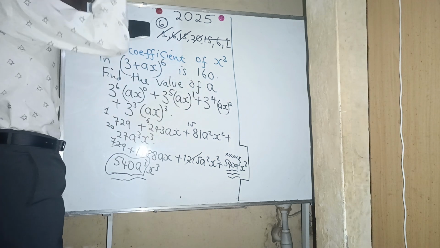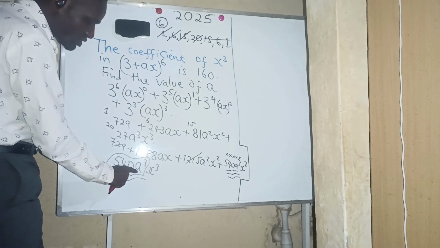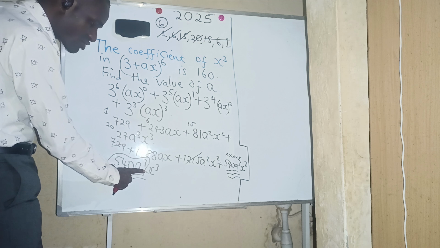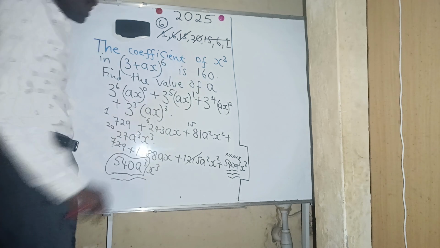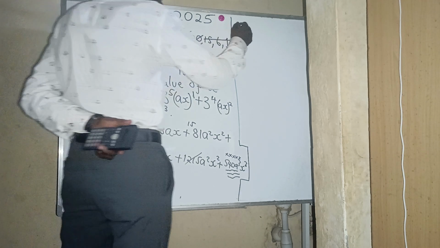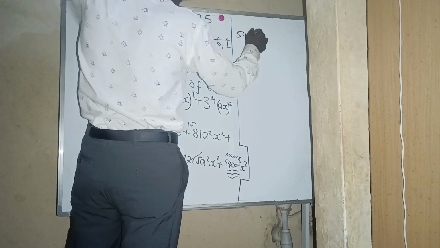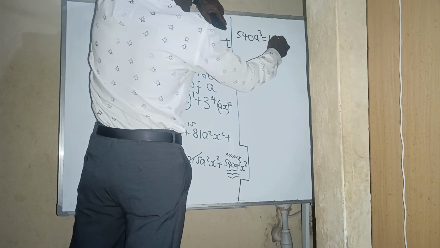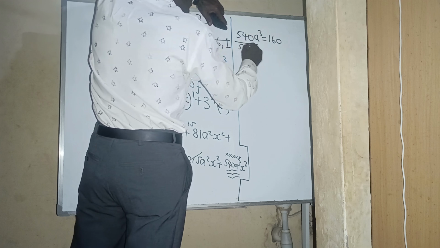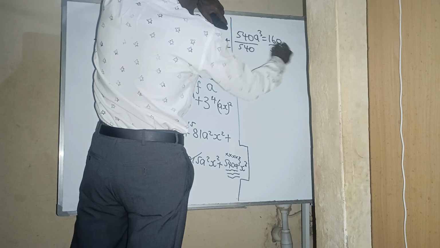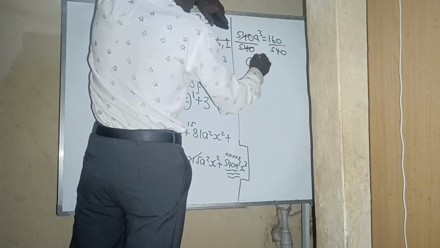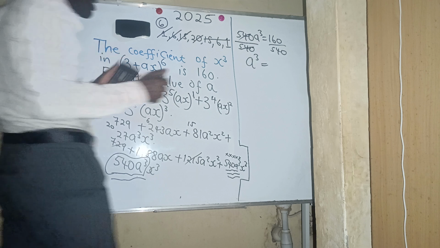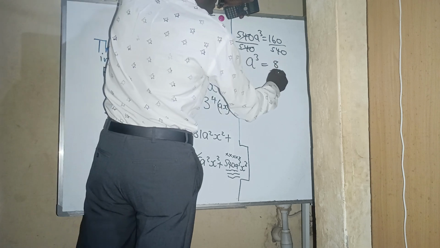So we need to ask ourselves, what should be the value of A, so that when we multiply with this 540 and end up serving as the coefficient of x cubic, should actually end up giving us 160. So what we do, we just take 540 a cubic should be equal to 160. We shall divide both sides by 540, so that our a cubic should be equal to 160 over 540, that's 8 over 27.